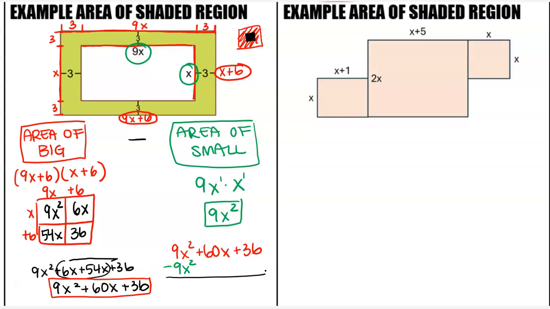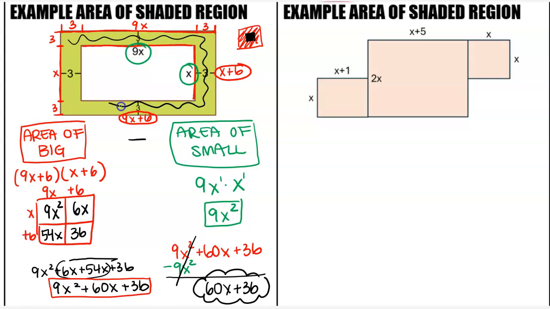It does not matter whether you subtract vertically or horizontally, but I'll notice that those 9x squareds subtract to zero. So I'm left with 60x plus 36. This is an expression that represents the area of that shaded region, just the green part around the outside.